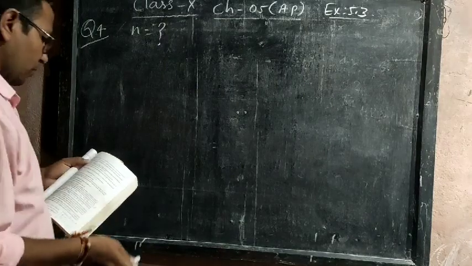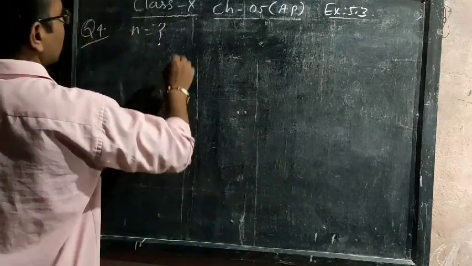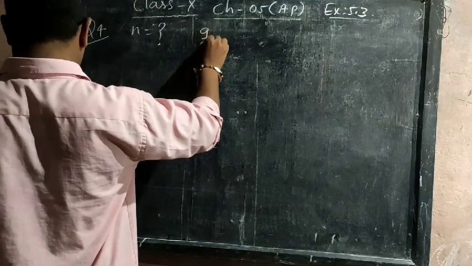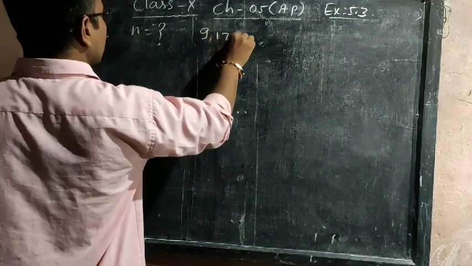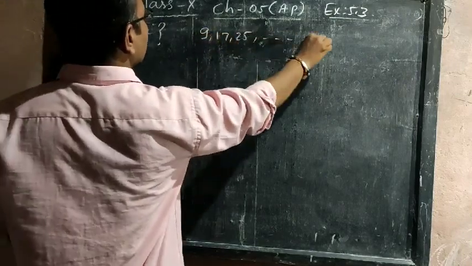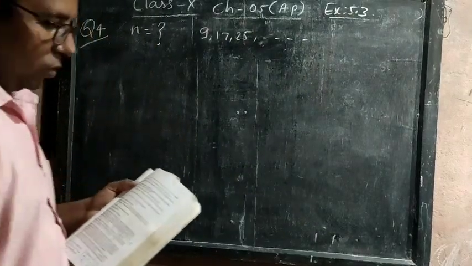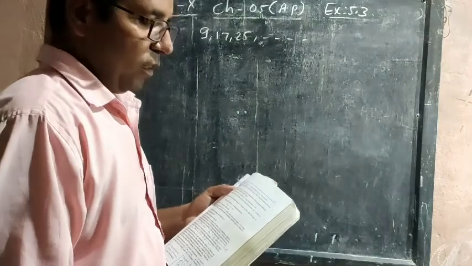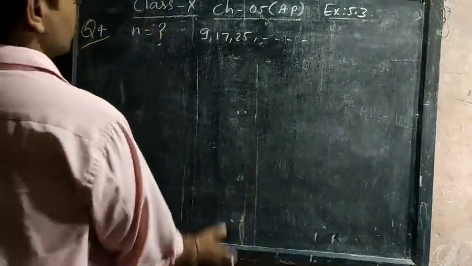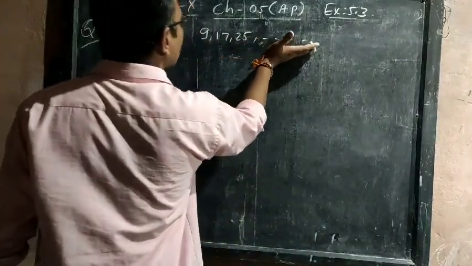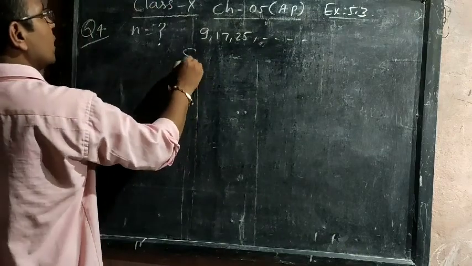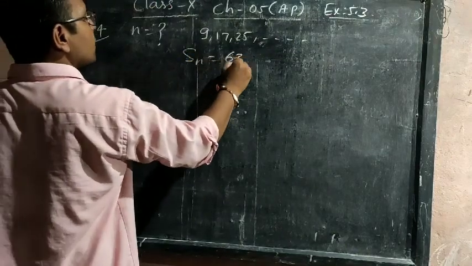How many terms of the AP, given as 9, 17, 25 and so on, must be taken to give a sum of 636? That means how many terms should we take so that their sum becomes 636.